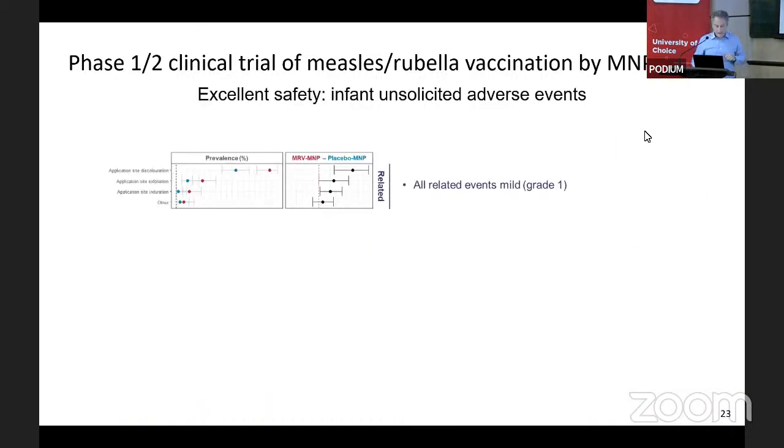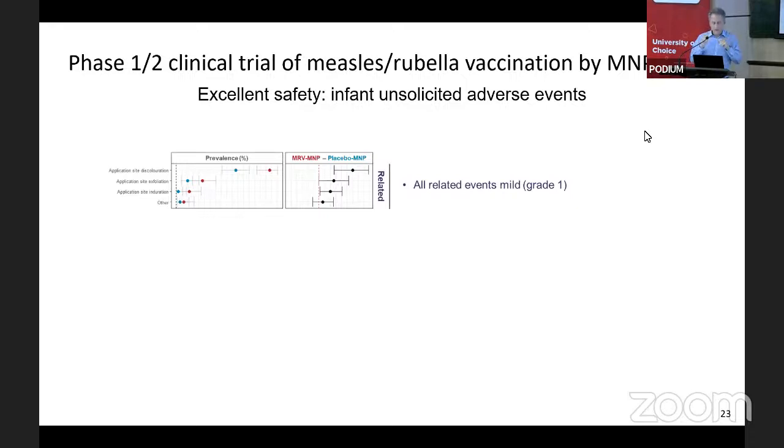So I actually have the safety data here, and I'm showing some of the key data. So these are at the application site, what we saw. The first points are the prevalence of the various adverse events that were observed. What's more interesting, I think, is when we subtracted them.